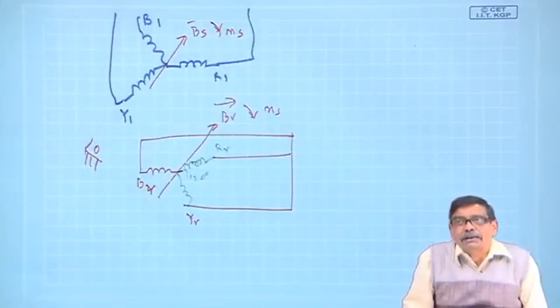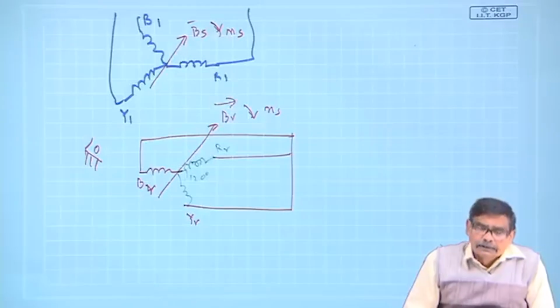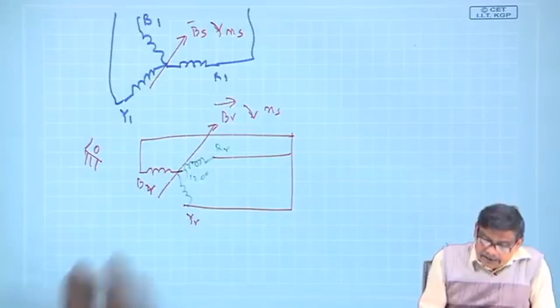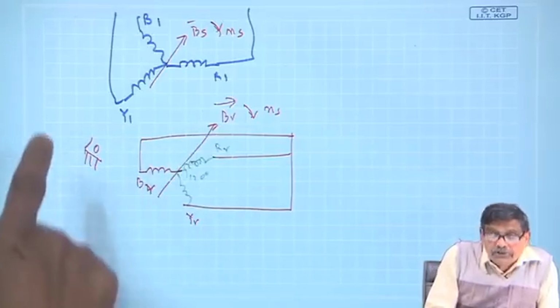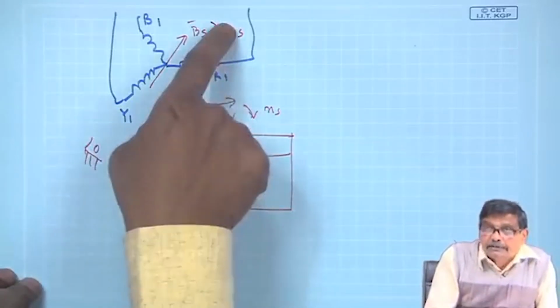But now I feel that in the air gap of the machine there are two rotating fields, and both of them with respect to a stationary observer are moving with speed Ns.